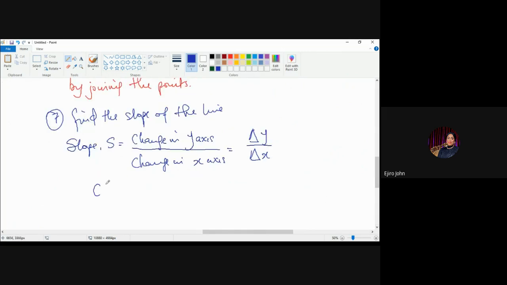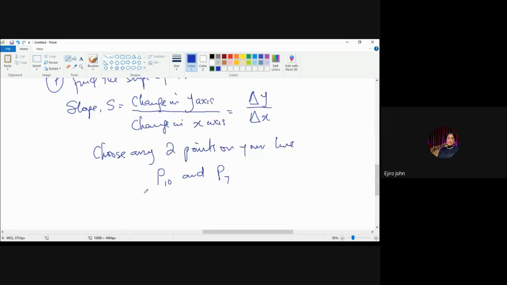You choose any 2 points on your line. I chose point 10 and point 7. Remember, point 10 was 9 and 6, and point 7 was 3 and 1. That was what I used to find the slope.